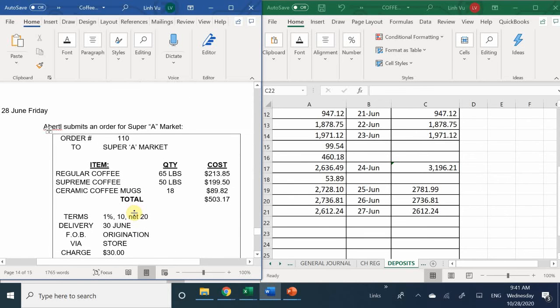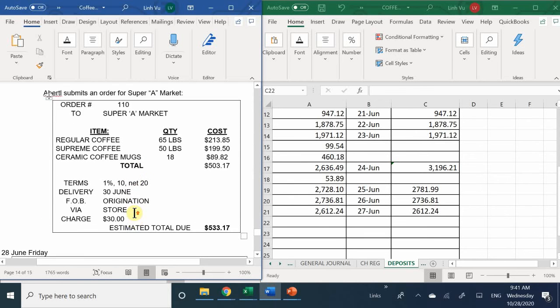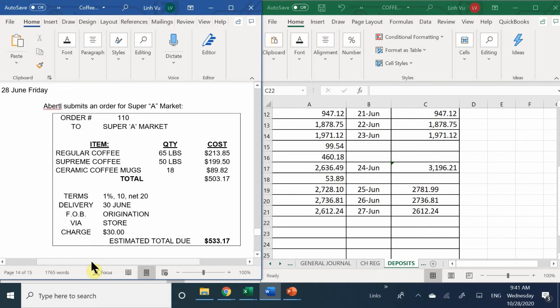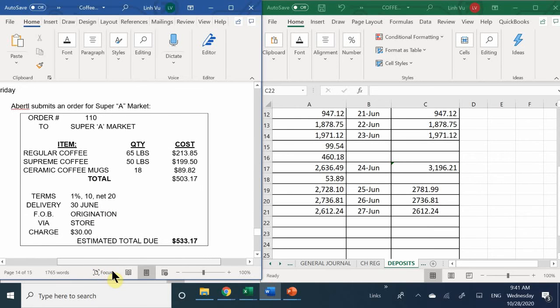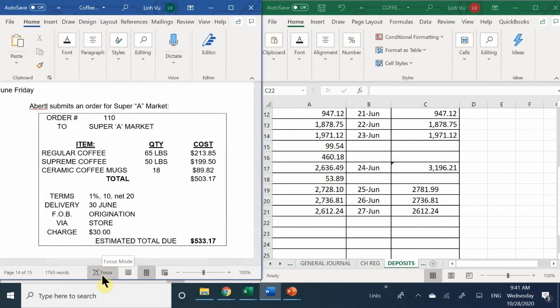Okay, so good. So then what has happened here? Okay, Albert, what did Albert do? It was submitted in order to Super A Market.